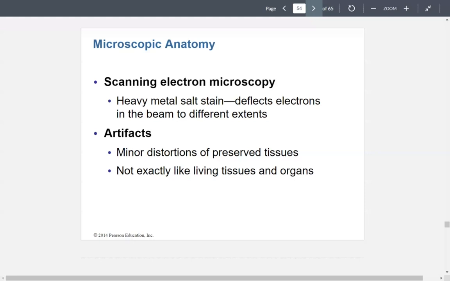And these artifacts are minor distortions in the tissue. Now, when we're talking microscopes, these are going to be minor distortions in the preserved tissue, maybe during that preserving process they shrunk or expanded or they twisted. It will basically not look quite like a living tissue and organ.